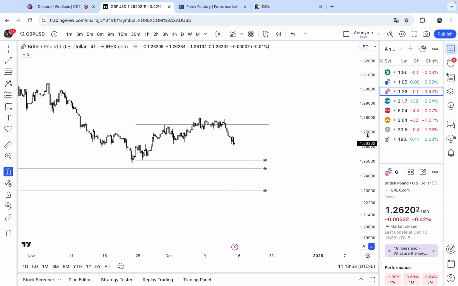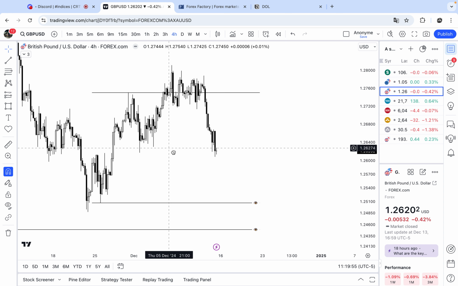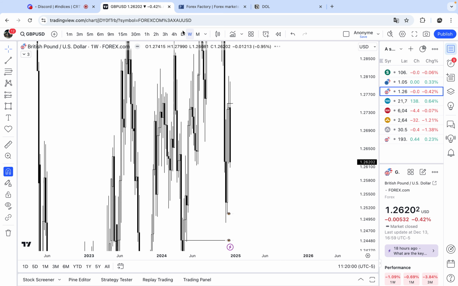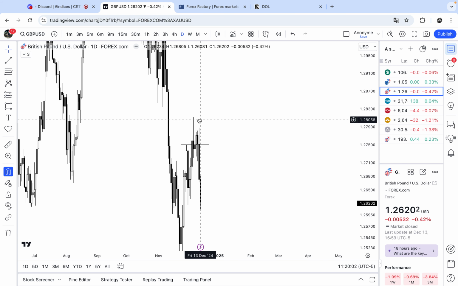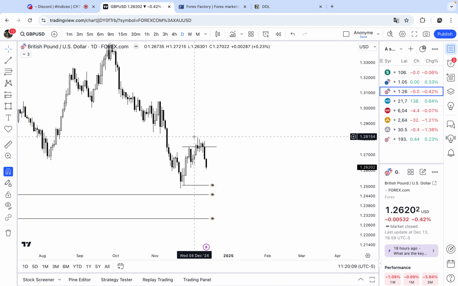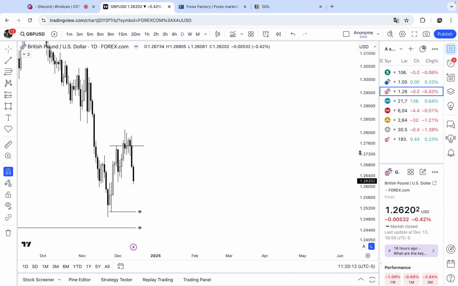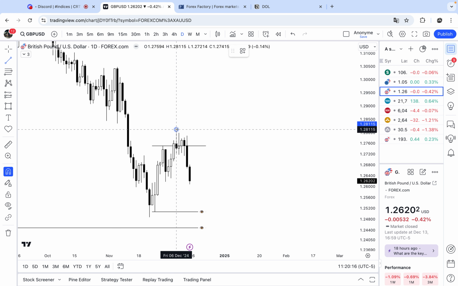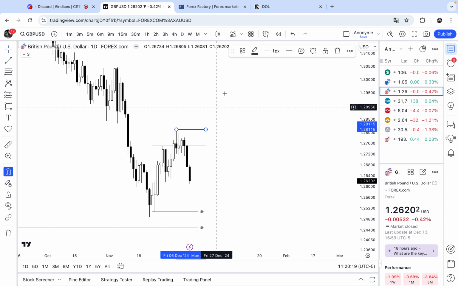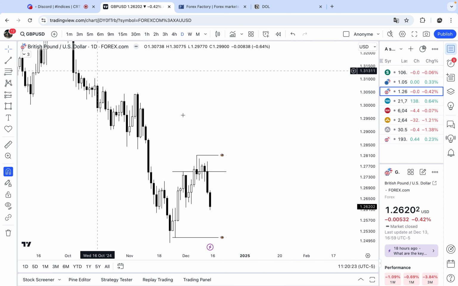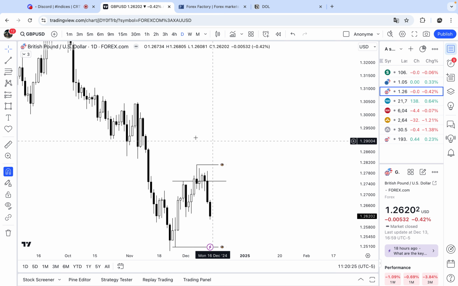First of all, we're gonna mark out our drawn liquidity. So for example, we got these, and then on the daily, we can mark out this high as a drawn liquidity, because there are no key levels here on the weekly. It's too far.